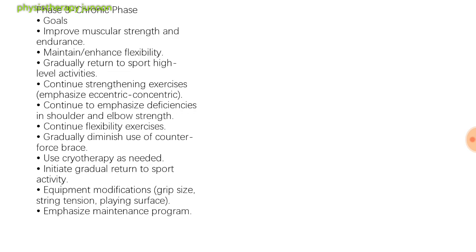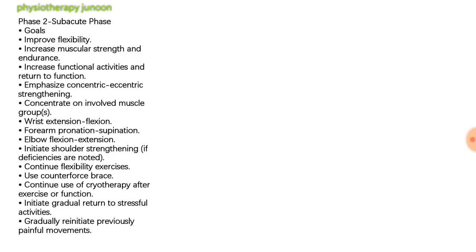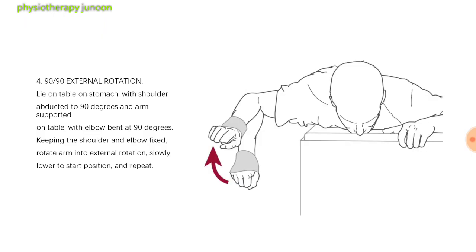Continue flexibility exercises, gradually diminish use of the counterforce brace and cryotherapy as needed, and initiate a gradual return to sport activity. Equipment modification, such as grip size, string tension, or playing surface, etc. Emphasize a maintenance program. That is all for lateral and medial epicondylitis.